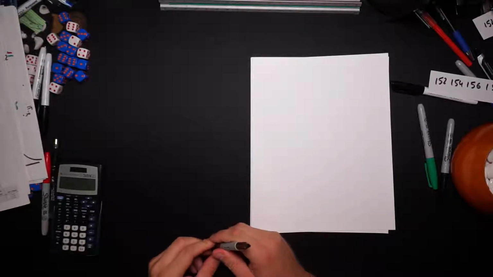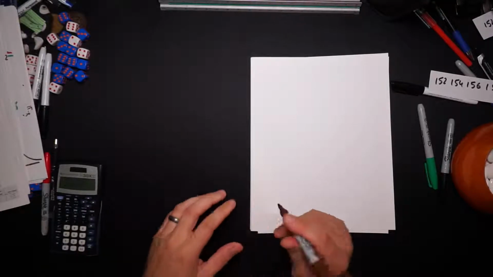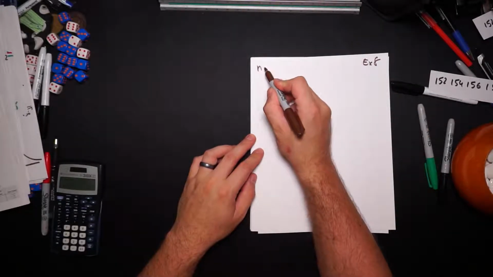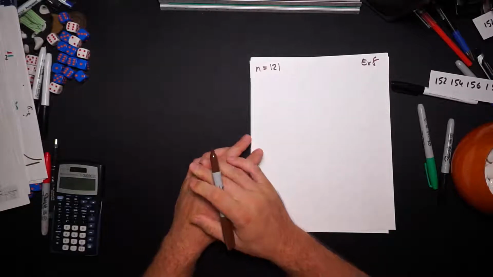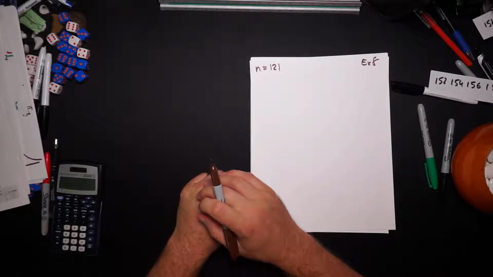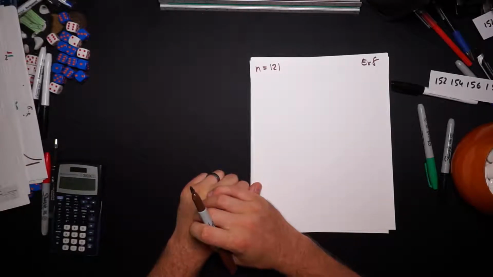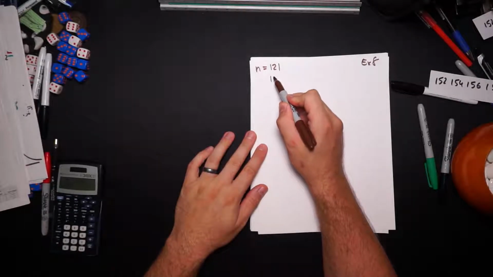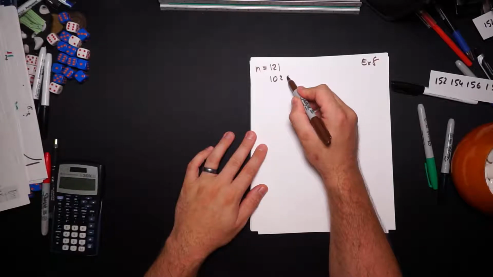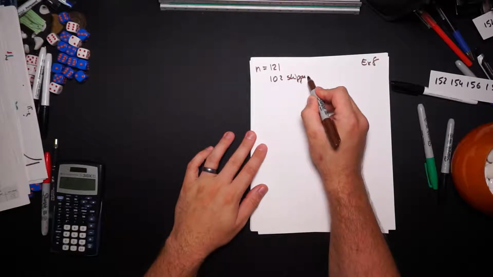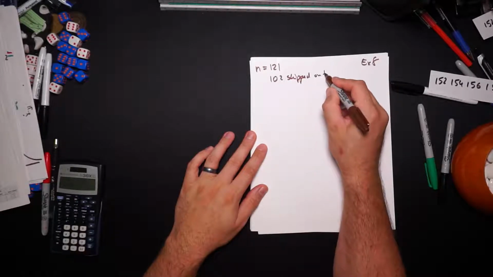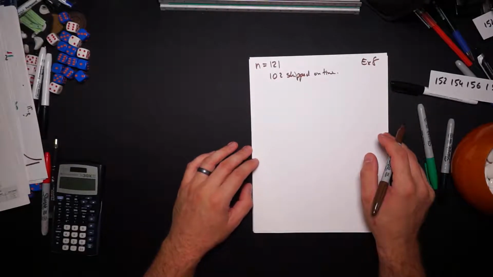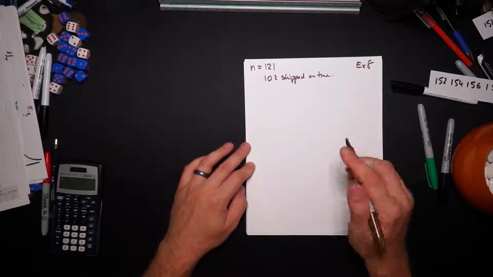A customer group placed 121 orders of different sizes, different days, and 102 shipped on time within the 12 hours. Compute the sample proportion of items shipped within 12 hours.